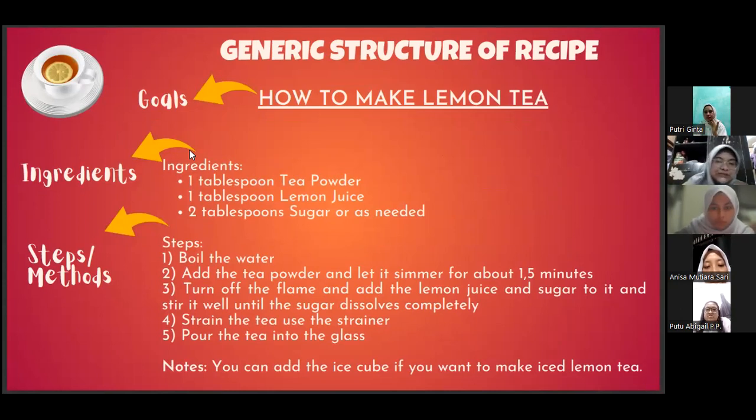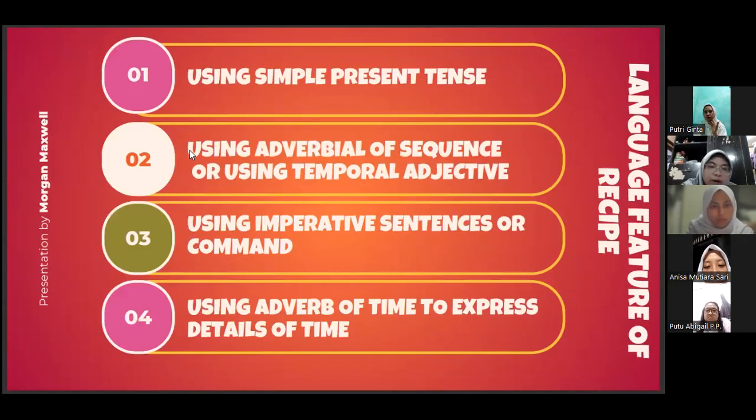It contains the steps to make the lemon tea. Language features of recipe are: first, using simple present tense; second, using adverbial sequence or temporal adjective; third, using imperative sentences or commands; four, using adverbs of time to express details of time.